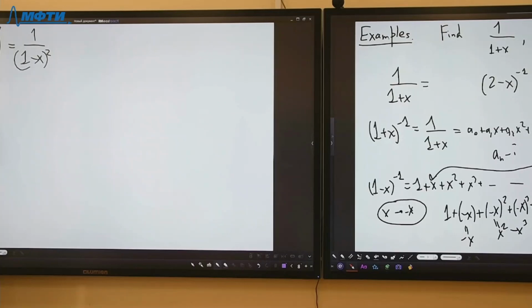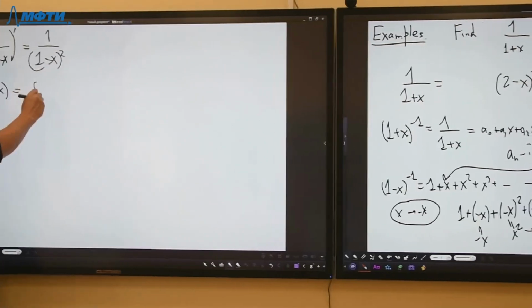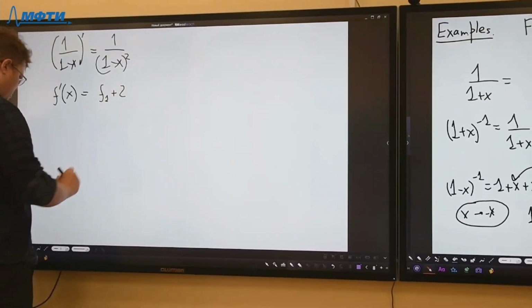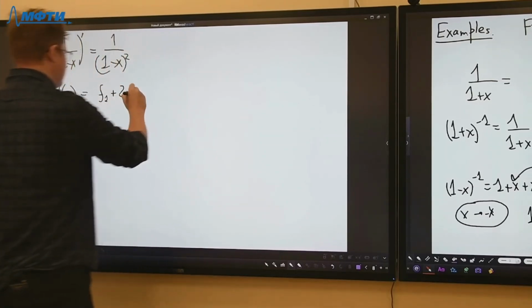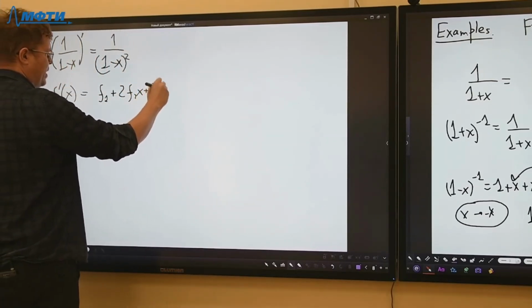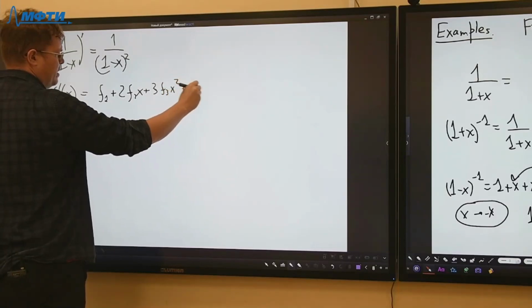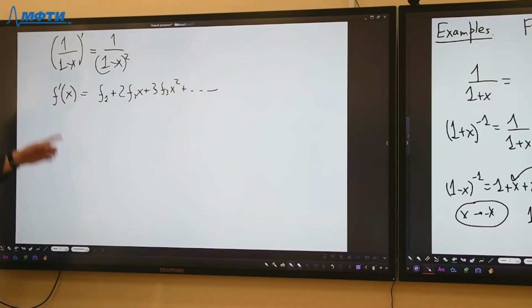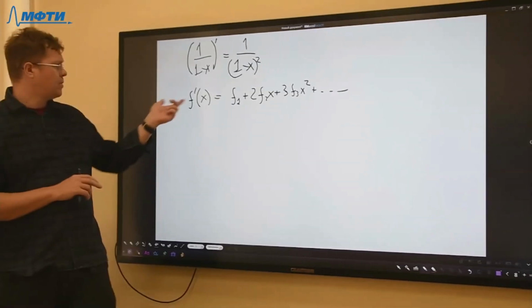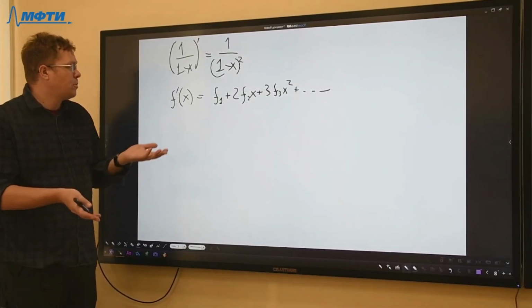You can just define the formal derivative as f1 plus 2f2x plus 3f3x squared and so on, and prove that the formal derivative is linear and satisfies the Leibniz identity of the derivative of the product, and then you can use all the formulas of the derivative like this one.